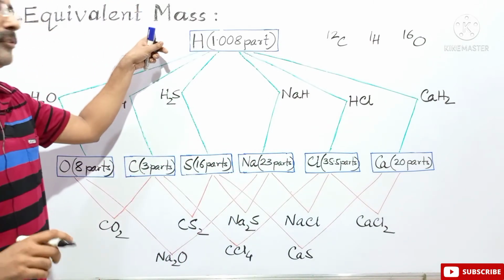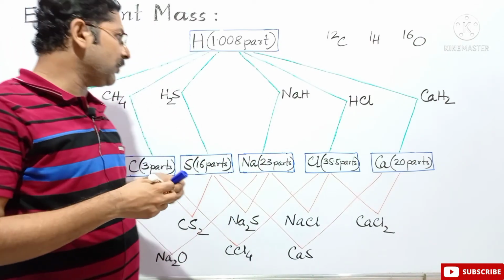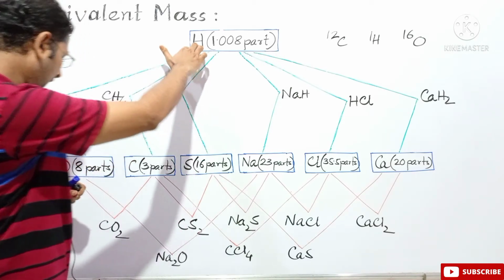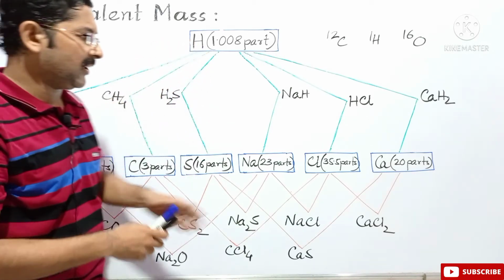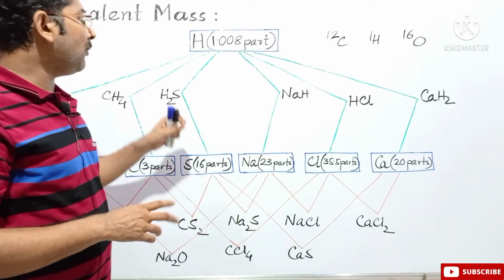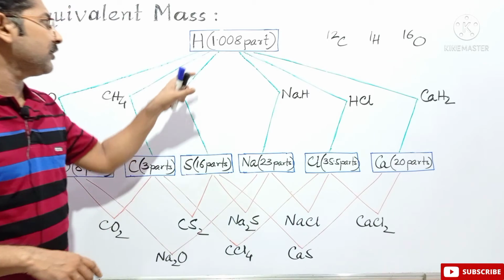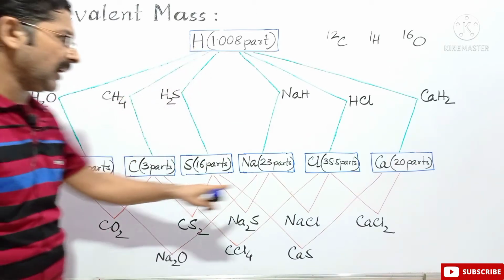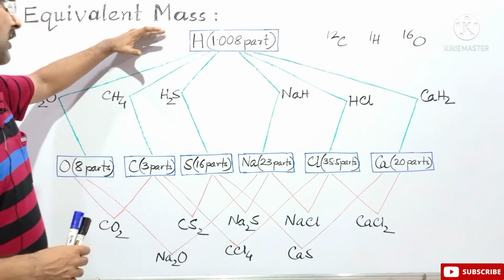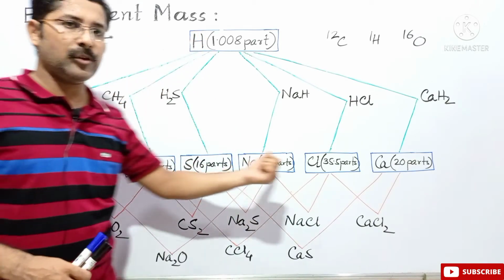Similarly, equivalent masses of elements are defined with respect to 3 scales: the hydrogen scale, the oxygen scale, and the chlorine scale. Equivalent mass of other elements are defined with respect to hydrogen, oxygen and chlorine scale, right? Let us define the equivalent mass with respect to these scales.